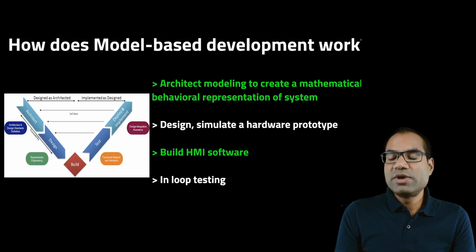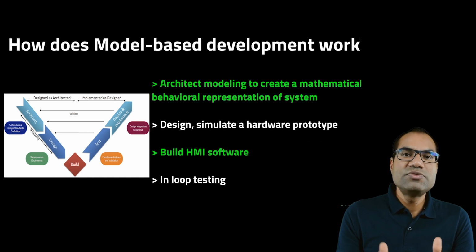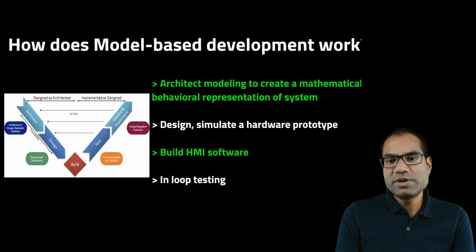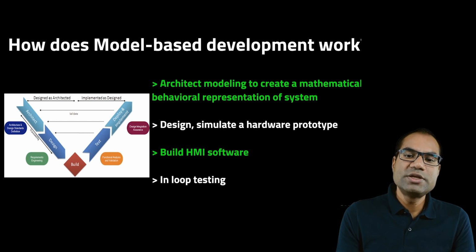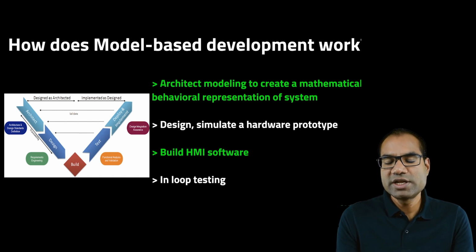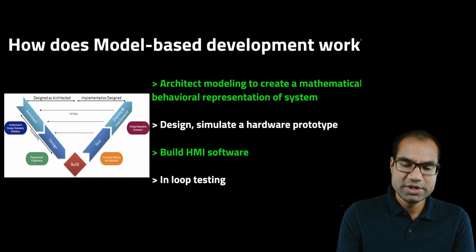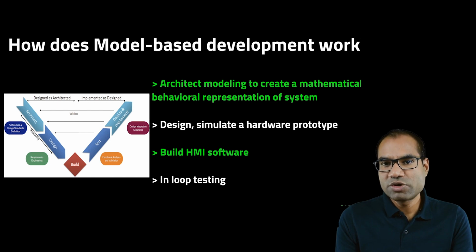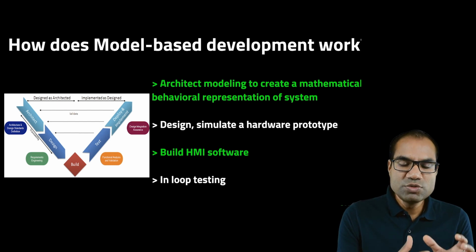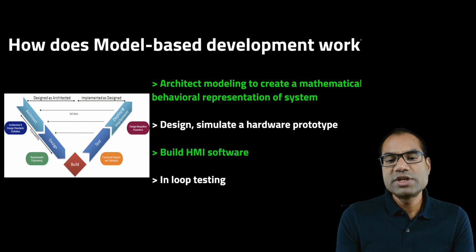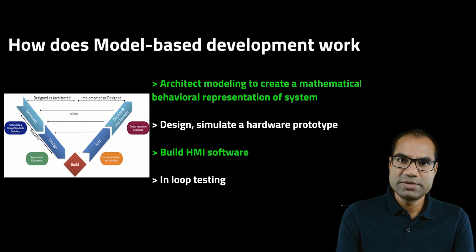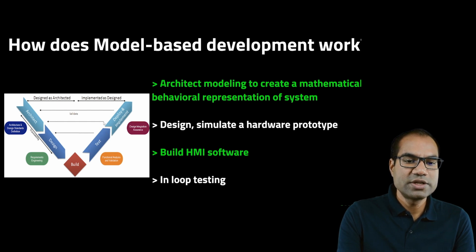How does model-based development work? It works in the V-shape development model. First you architect the model itself to create the mathematical behavior of your system. Then you design and simulate a hardware prototype. Once the simulation of the model is done, you can start building your HMI software. And once the HMI software is ready, we do the in-loop testing, which is described here in a flash manner.